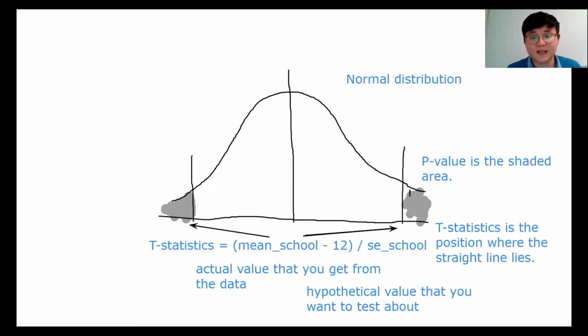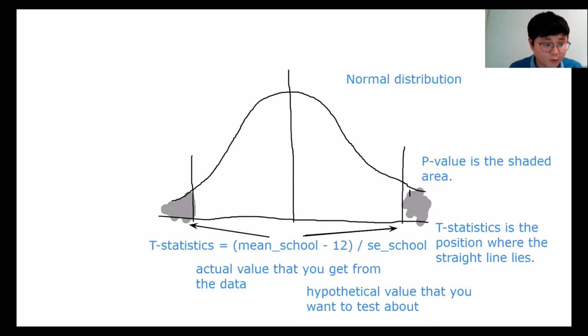So what is the exact level of significance at which you can reject H naught, the null hypothesis? Actually this question asks what is the probability that corresponds to the t-statistics, which is minus 6.59? To calculate this, we need to calculate the p-value. How we calculate it is to find the shaded area, just like what we said in the normal distribution.